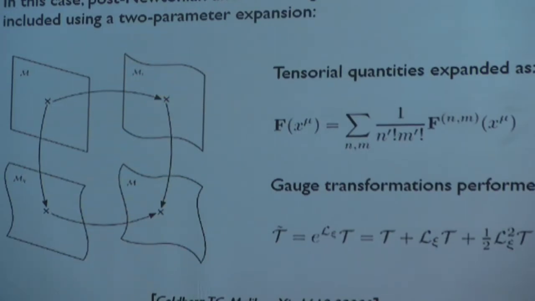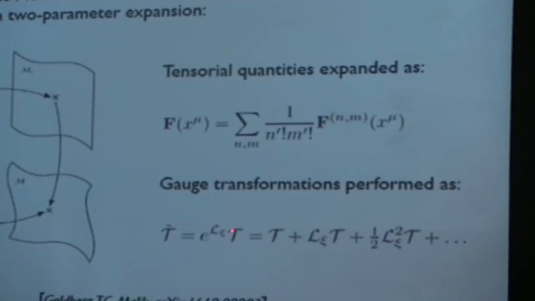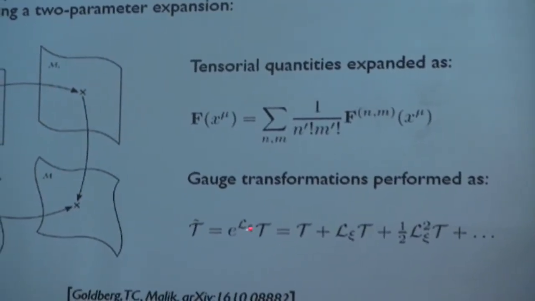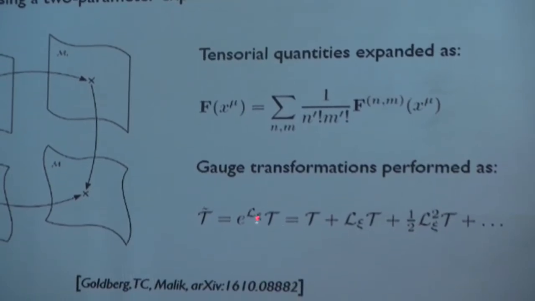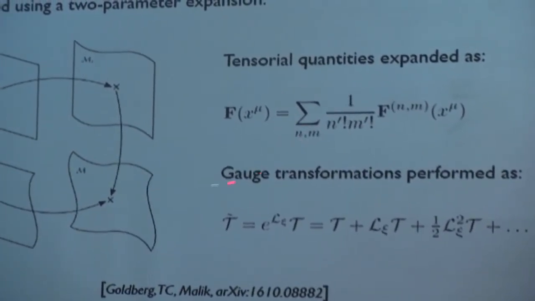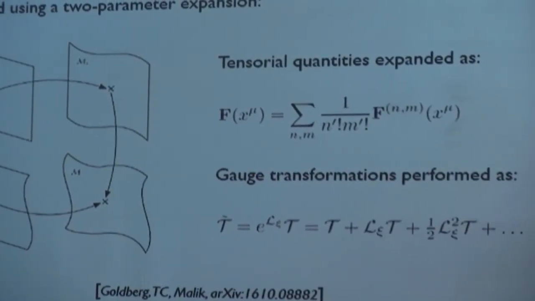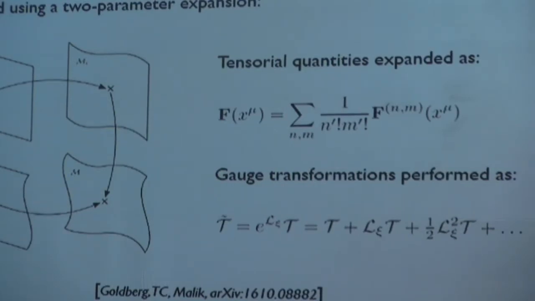So we need to know that if we make infinitesimal transformations in space-time, we're not changing any of the physics. The gauge transformations are specified using this exponential map, where what you can see at the left side is the gauge generator, which acts upon the tensorial quantities that exist in this manifold in this way to give us the same quantities in the new coordinate system.